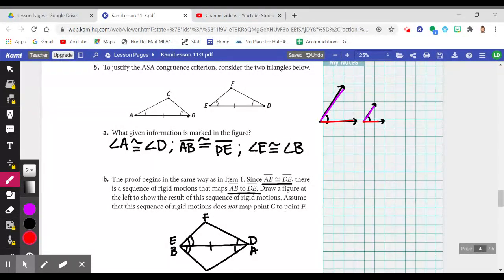And it's making so much more sense to me as I'm doing it even in this video. If we know that angle D is congruent to angle A, this ray could really just keep extending forever and ever and ever. Same thing here. This ray could really keep extending forever. But if angle B is the same measure as angle E, when we extend this ray, at some point it's got to intersect with this other ray.